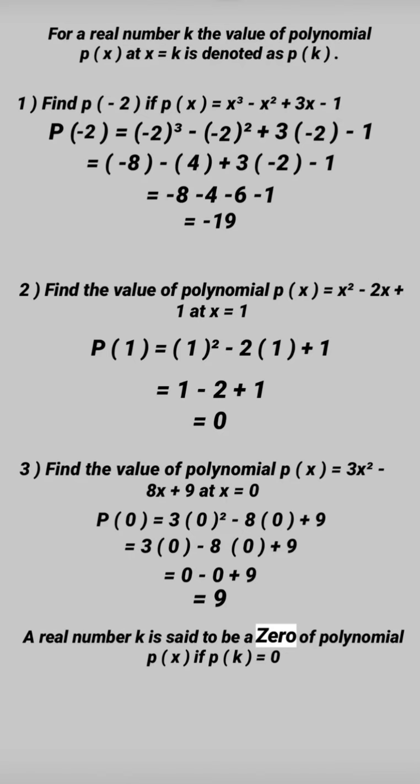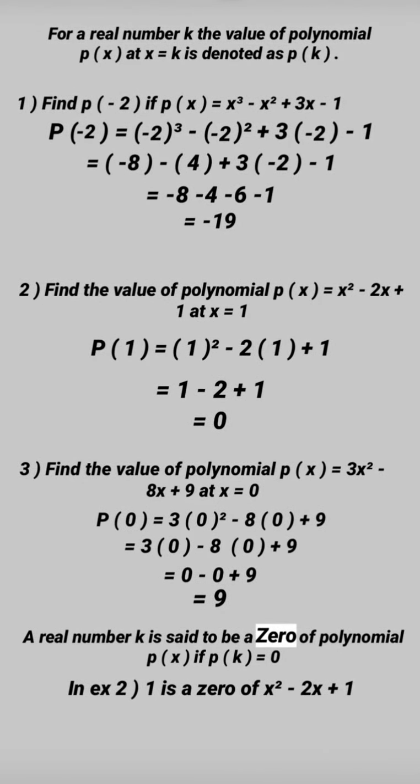Then we have a definition here. A real number k is said to be a zero of a polynomial p(x) if and only if p(k) is equal to 0. That is, if the value of the polynomial at x = k is equal to 0, then that real number k is said to be a zero of the polynomial.